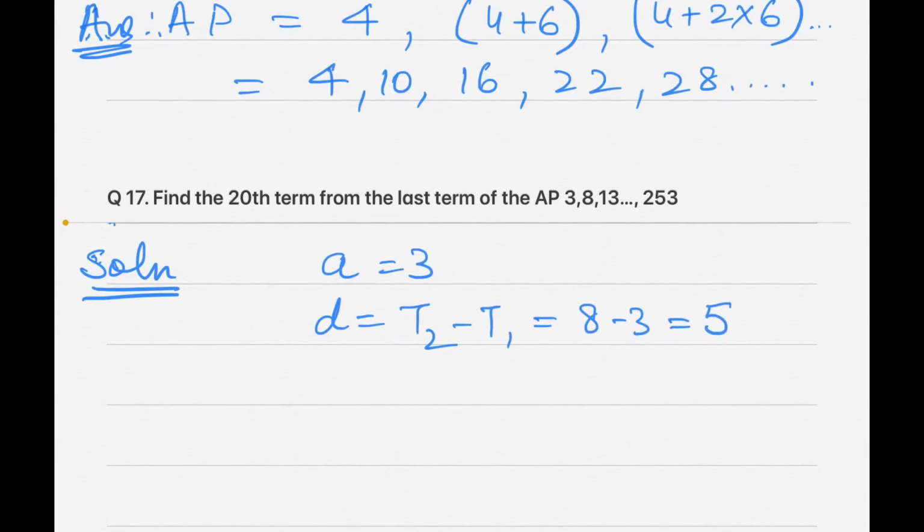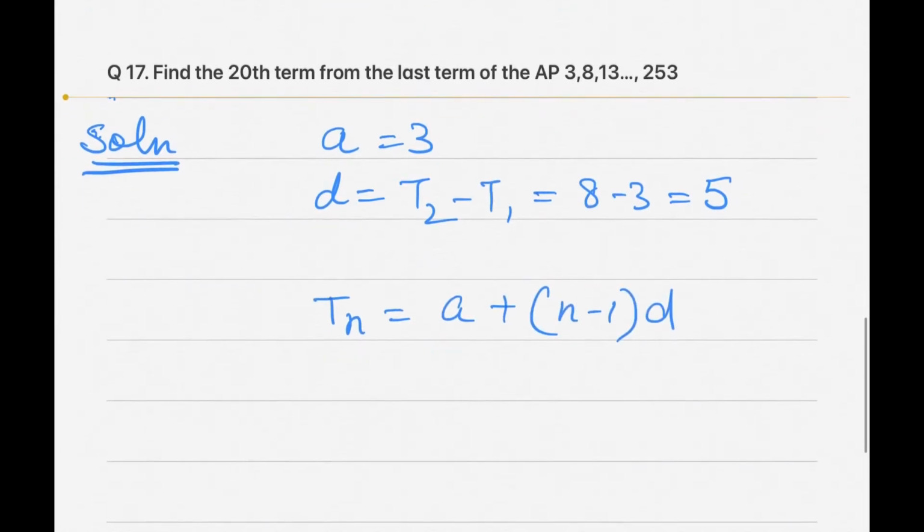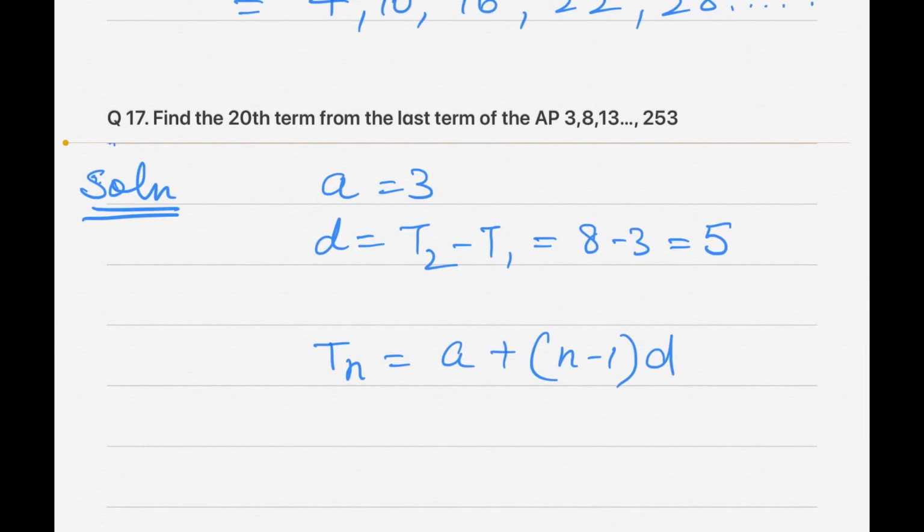Now I can show you doing this question in two ways. One way would be to find the last term's position. We know Tn is equal to a plus (n minus 1) into d. So first I'll find out which term this is. Tn is given to us as 253, a is equal to 3, d is 5, and n I have to find out.